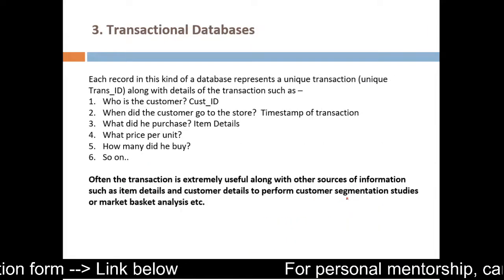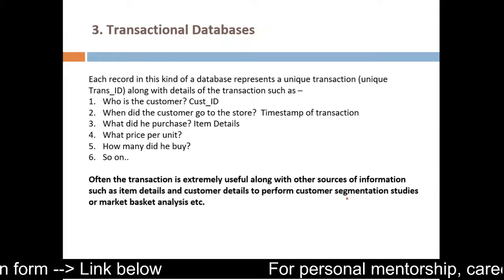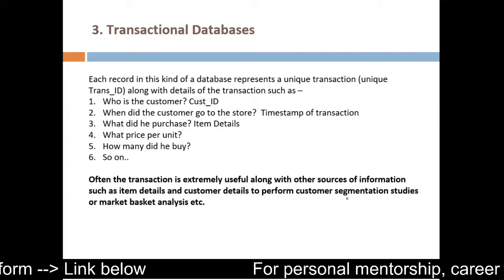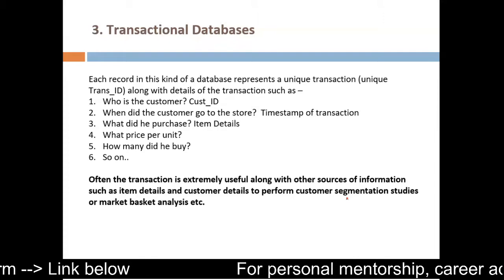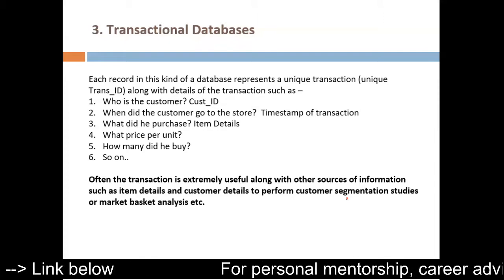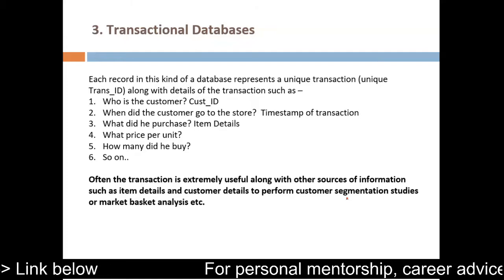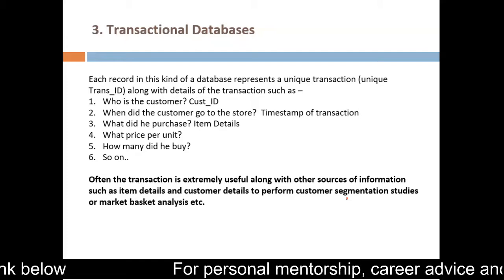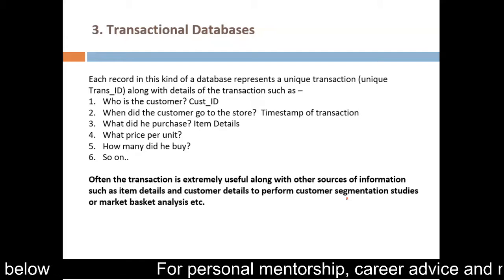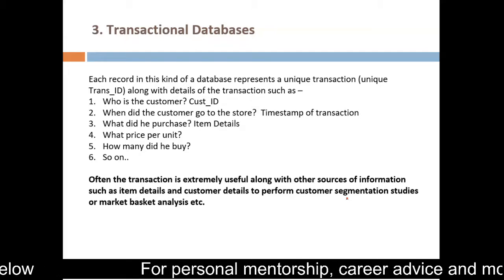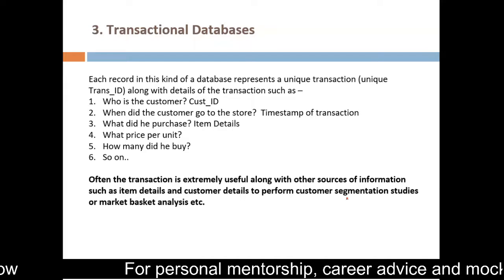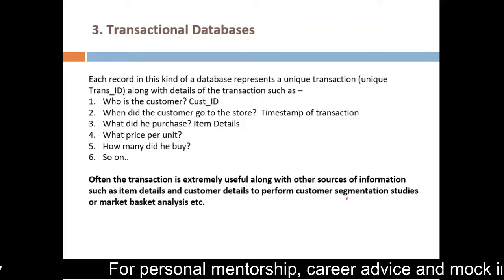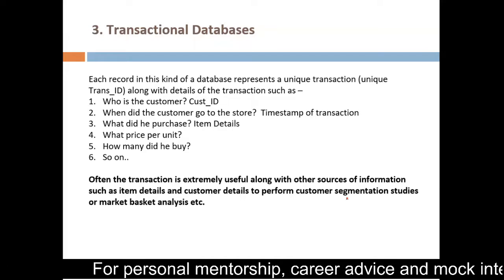Next, we look at transactional databases, a common type of data repository which you would come across while looking at retail or CPG or any kind of transactions that happen in the stores. You would store the data in what we know as transactional databases. Now, in transactional databases, each record represents a unique transaction, right?